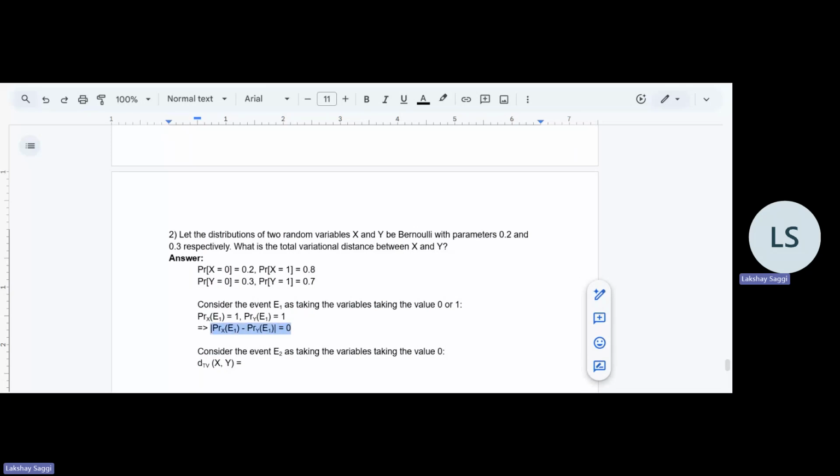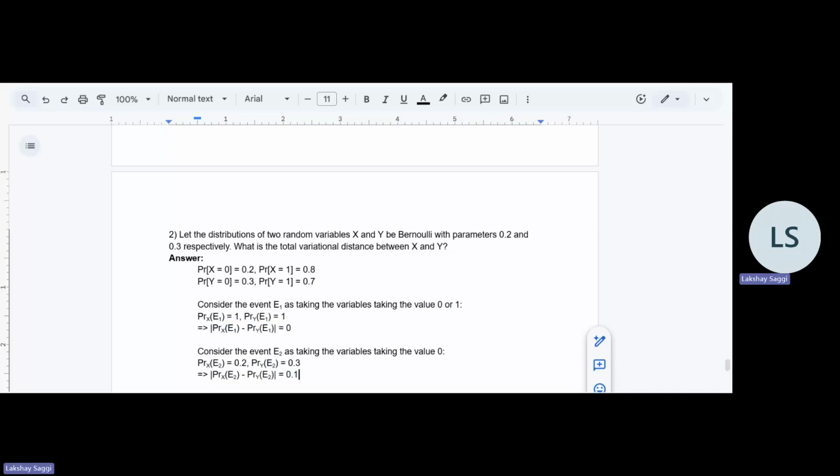And if we just consider the random variable as taking the value 0, then this is going to be 0.2, and this is going to be 0.3, and this means the difference is going to be 0.1.